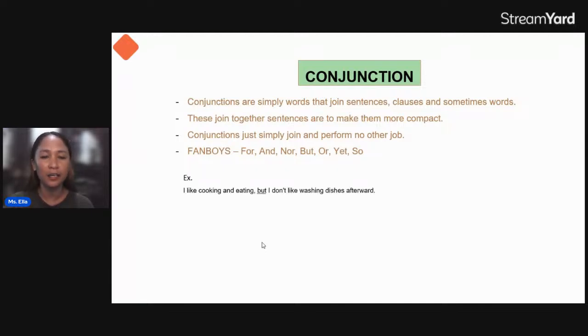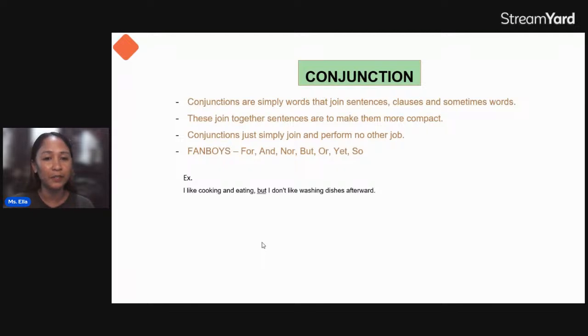Here is an example sentence where we use but: I like cooking and eating, but I don't like washing dishes afterward. Here we use the word but to join clauses.